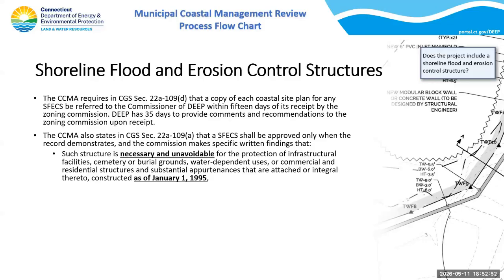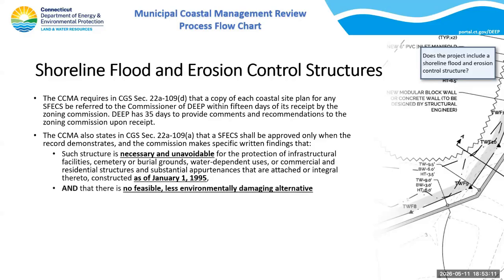So residential developments, especially new developments that are proposed to be constructed, as well as a residence that was constructed after January 1st, 1995, are not eligible for shoreline flood and erosion control structures.